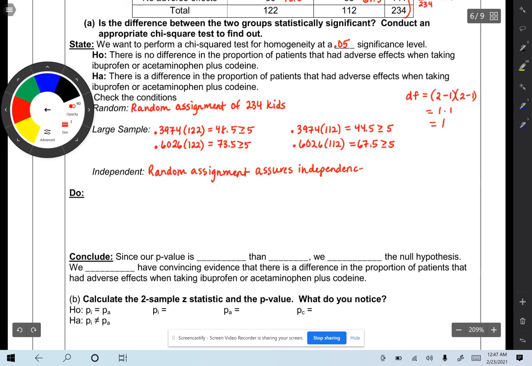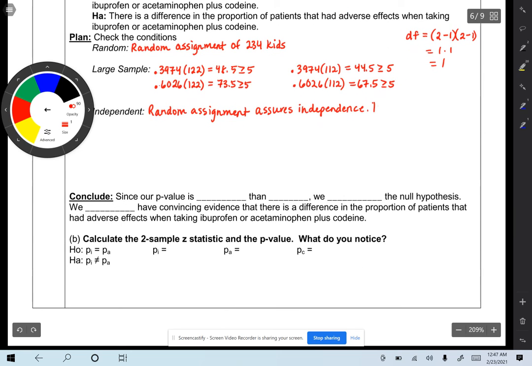And honestly, the fact that it's double blind keeps the independence because you're minimizing as many other variables as possible when you're doing a double blind study. So double blind keeps independence.